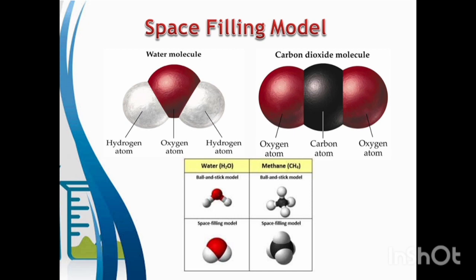So the center will be the oxygen and 2 moles of hydrogen. Next, the carbon dioxide. The central part is the carbon and we have the oxygen here. Side by side, it is the space filling.